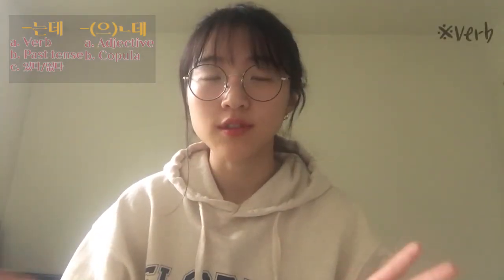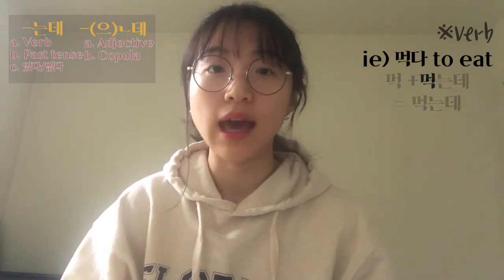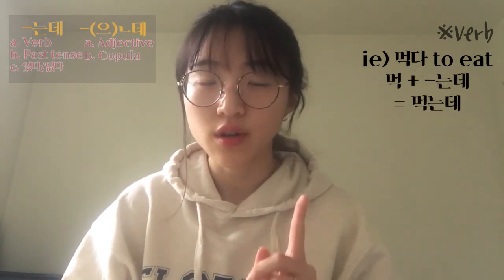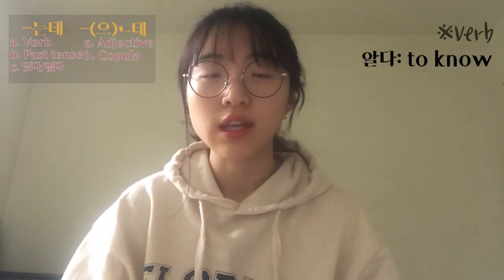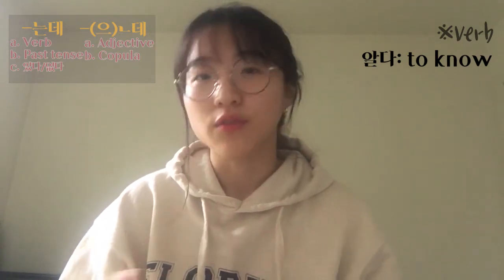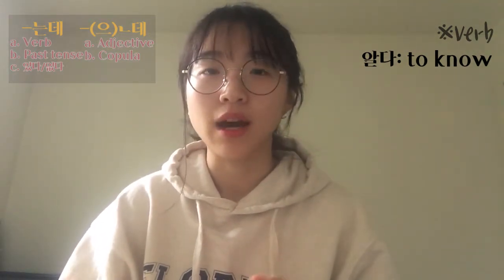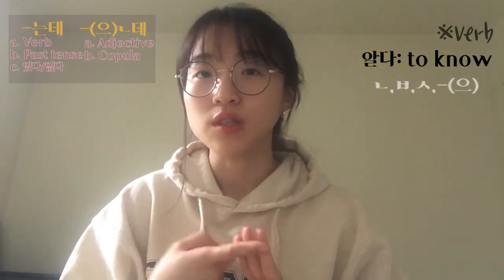I want to get into conjugations before I get into examples, because there are some irregulars that you do need to watch out for. With regular verbs, the conjugations are pretty simple. Just drop the stem 다, add 는데. However, when you see a verb such as 알다, to know, it's a real irregular verb. And it does unfortunately need to be applied by the irregular rules, which are 니은, 비읍, 시옷, and 으.